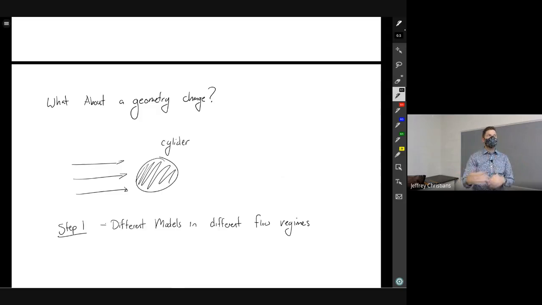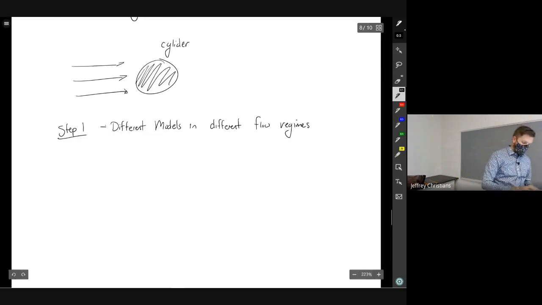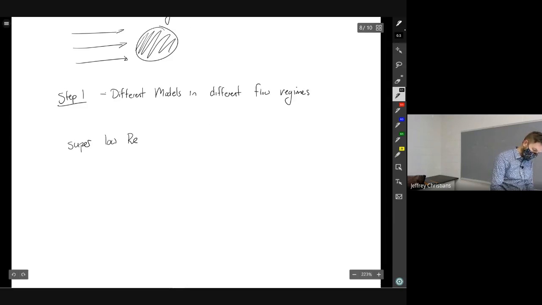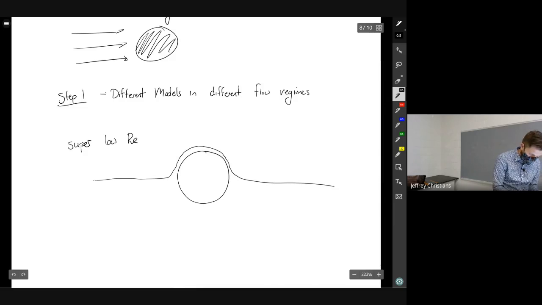So when our flow changes, like laminar to turbulent, our model has to change with it. The same kind of thing is going to happen with flow over a cylinder. So at super low Reynolds number, our flow is going to come in and look like this.